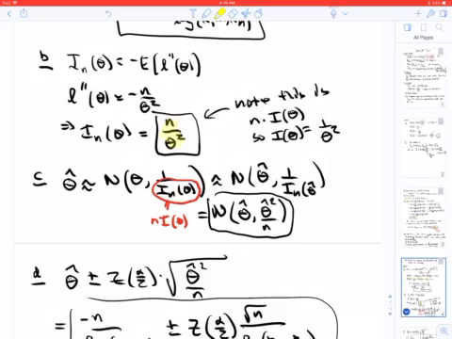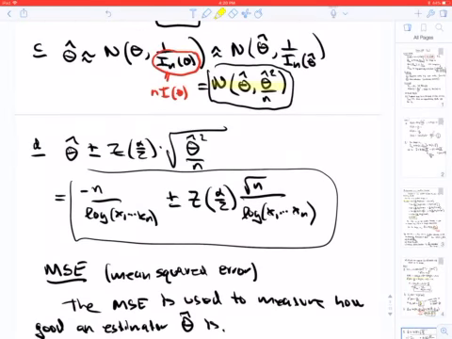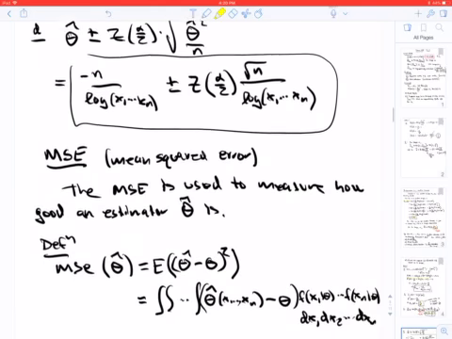Easy peasy. And then what distribution is this approaching as n gets large? Well, it's normal(theta, 1 over I_n(theta)). And then here we can write out the CI.